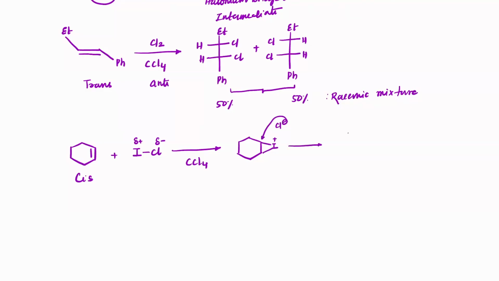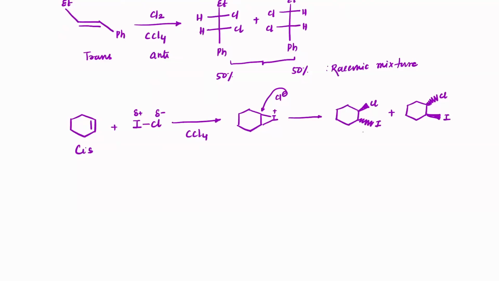So hence we will get a product like this where chlorine is coming out of the plane, iodine is inside the plane, or vice versa. Chlorine is inside the plane and iodine is coming outside the plane, like this. So these two are the products. Again, this is a racemic mixture. Done.